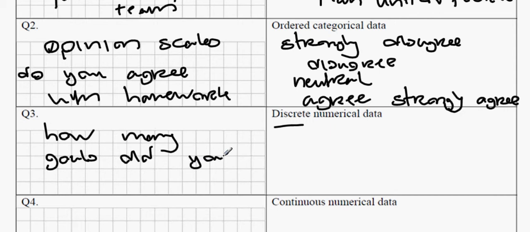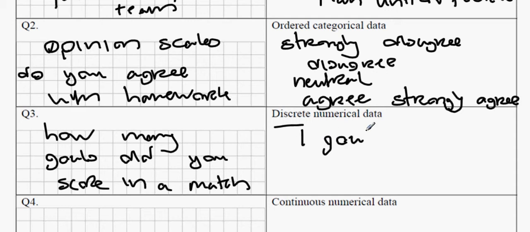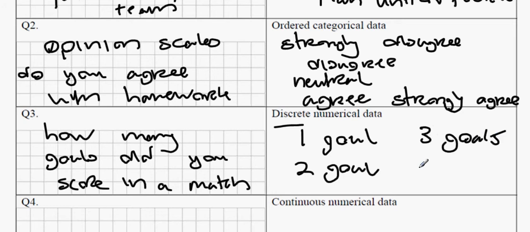The example of discrete numerical data would mean either you score 1 goal or 2 goals. You don't score 1.5 goals. It's impossible to say you score 1.5 goals. So it's basically usually whole numbers, and you either score 3 or you score 4. There's no debating. You don't score 3.1 goals.